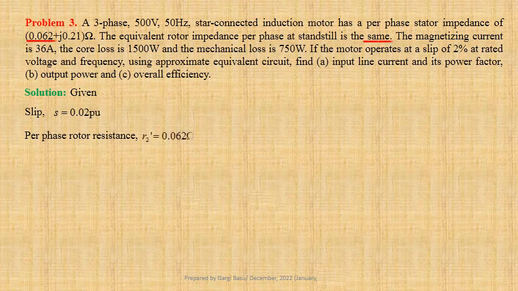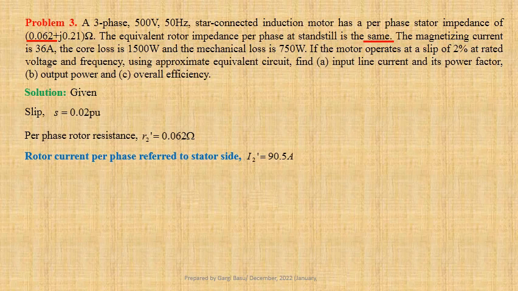Given slip S equals 0.02 per unit and per phase rotor resistance referred to stator side R2 dash equals 0.062 ohm, we have determined rotor current per phase referred to stator side I2 dash equals 90.5 ampere.